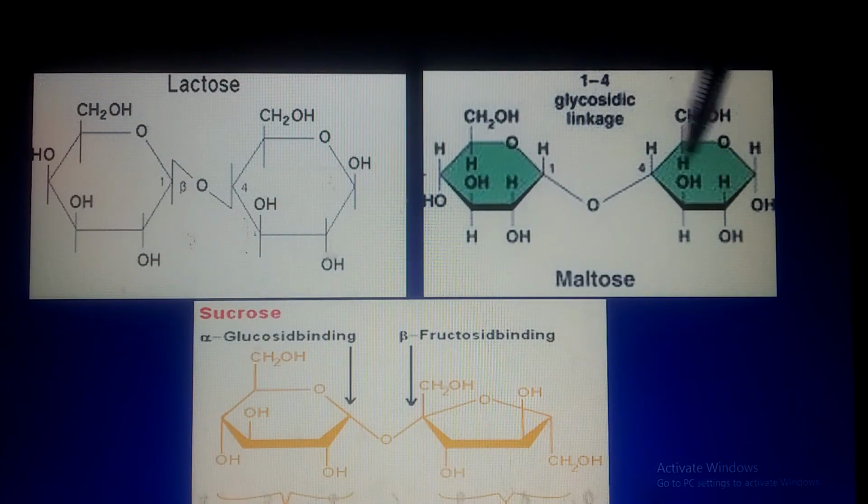So when two glucose molecules combine with each other by condensation, with the removal of one water molecule, what will happen? The bond is produced between the carbon number 1 of one monosaccharide or glucose and the carbon number 4 of the other glucose molecule. Is it clear?